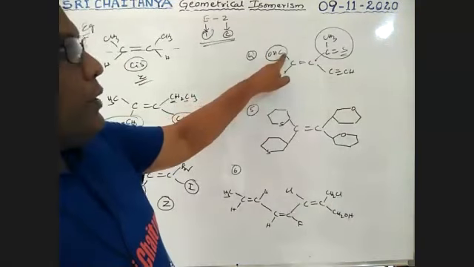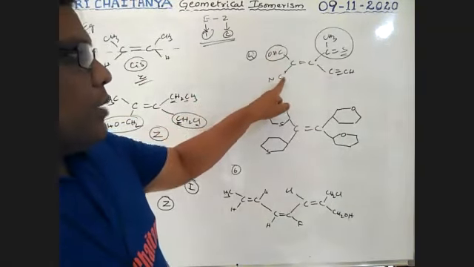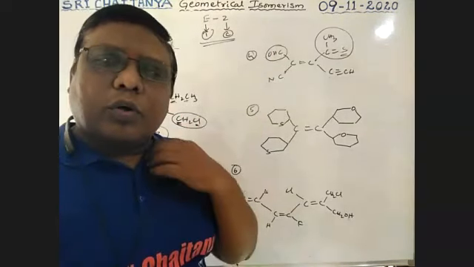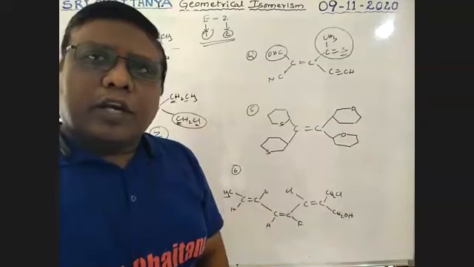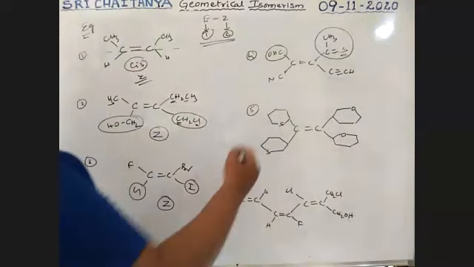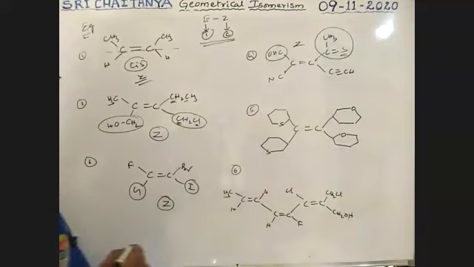Because carbon is attached with oxygen, here carbon is attached with nitrogen. The atom with the higher atomic number is the more bulky one, and that should get the higher priority. Among these two, it is also cis, which means it is also Z form.